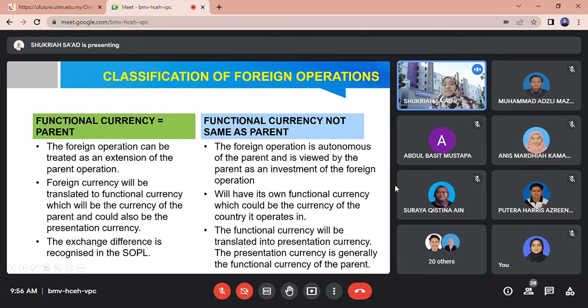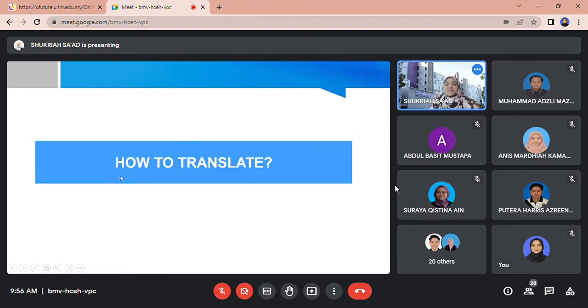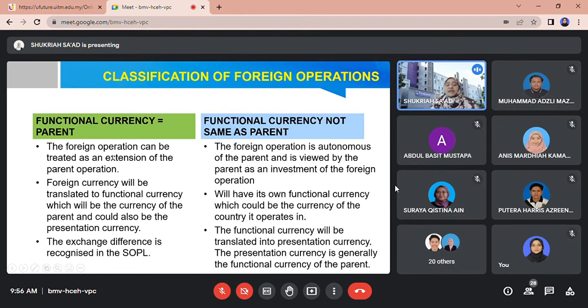When the foreign operation is an extension of the parents operation. Maksudnya pergantungan dia 100% kepada parents. Okay, maknanya dia tak ada autonomi. Ikut je arahan daripada holding company because it's an extension of the foreign operations.